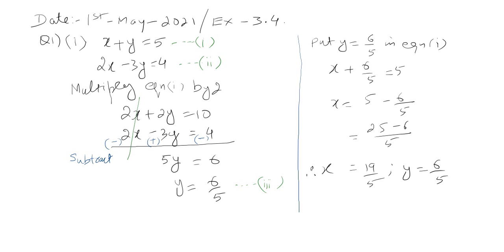Is that clear to everybody? Any kind of doubt? So what I'll do, I'll take one more question and explain it to you, and I'll take the question from my side, not from the book. The remaining book questions you can easily do, I believe. So I'll take one question from my side.